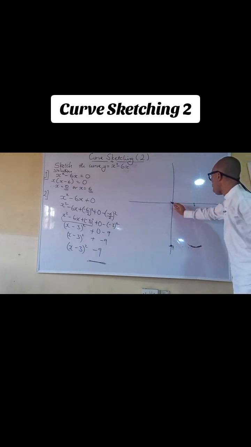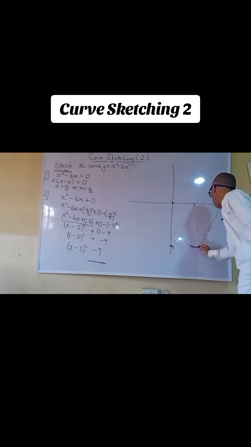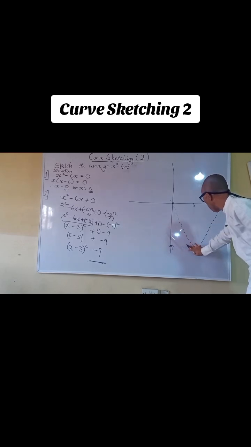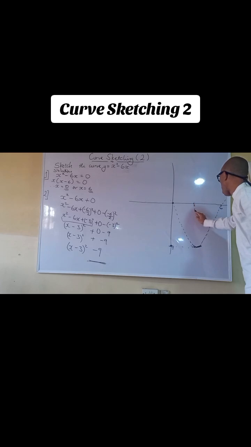So let's remember the zeros are these. So I will join them, which occurs at 3.